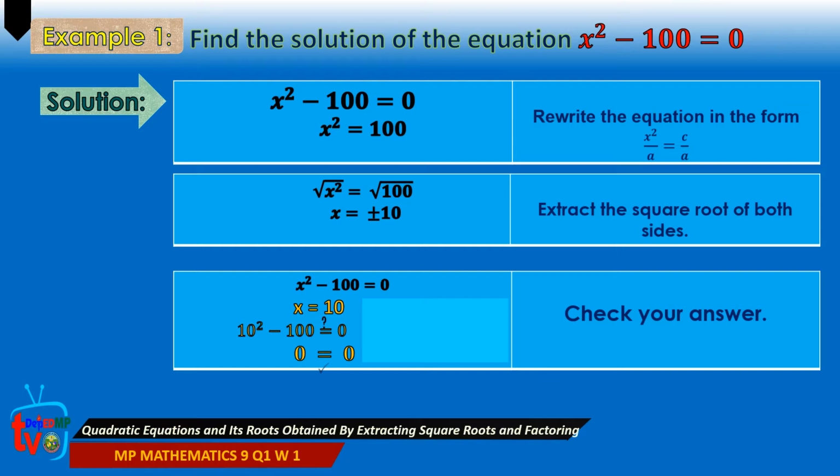So 10 squared is 100, minus 100 is equal to 0, so 0 equals 0, it is correct. Now for x is equal to negative 10, we have negative 10 squared minus 100 equals 0. So 0 is equal to 0 is also correct.